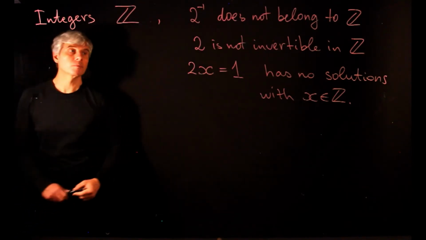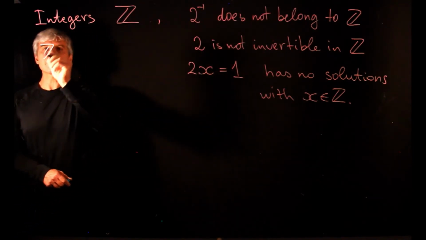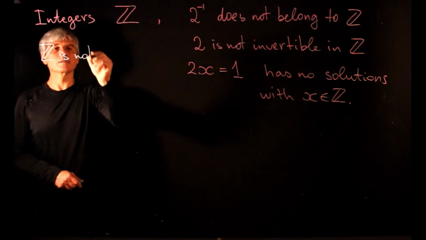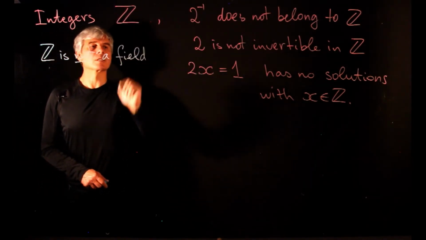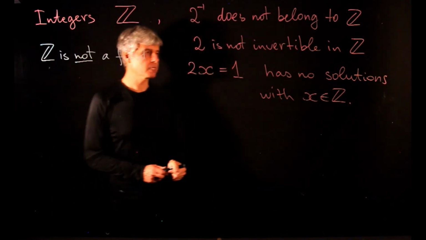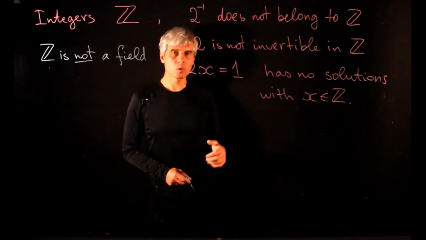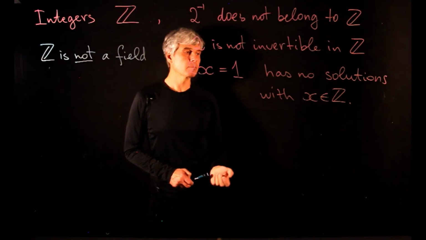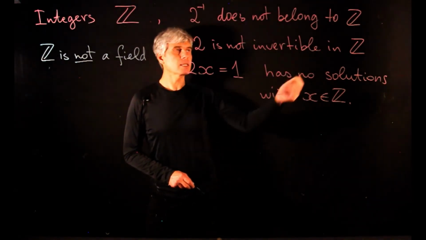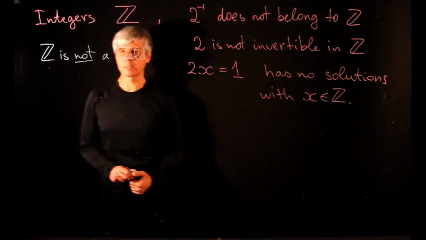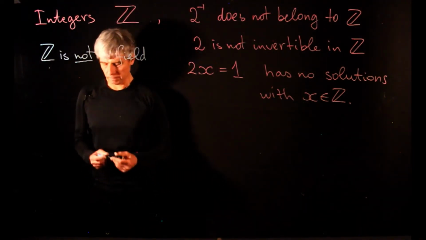So our verdict is that Z is not a field. Because when we say that a field must have a certain operation, this means that this set must be closed under this operation. And the set Z is not closed under taking multiplicative inverses.